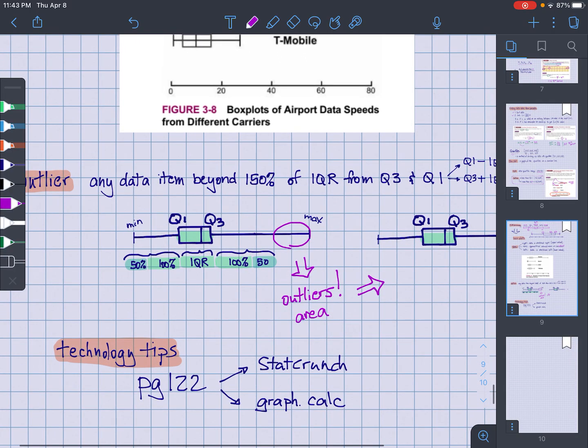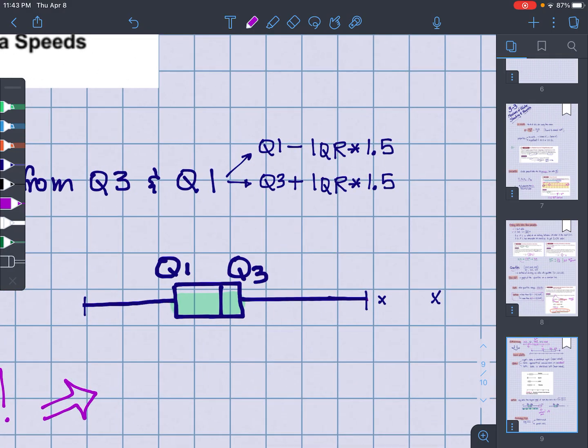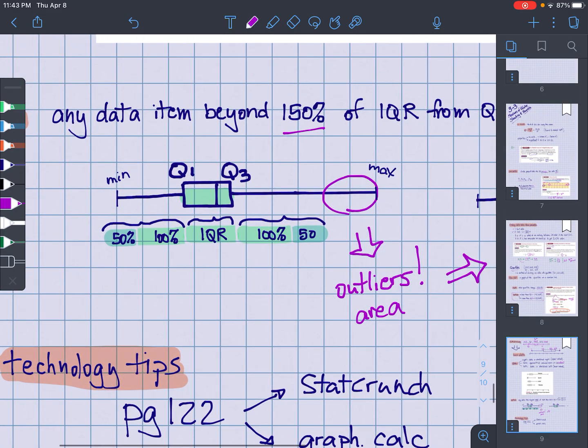One last thing, a couple last things that close up here. Any data item, again, beyond 150% is considered an outlier. So there's the formula again. I don't know why I wrote it in here twice, but there it is. And when we look at a set of data, and I do the math, and I check it out, these data items out here are considered out of bounds. They're outliers, right?